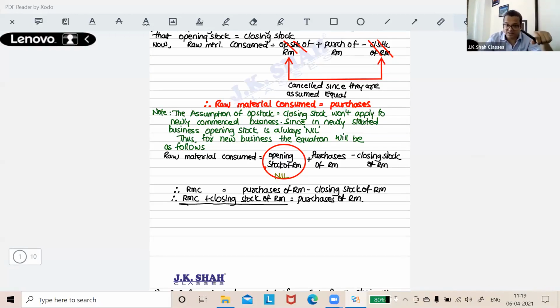Credit purchases. Not given, not getting, okay. Assume opening is equal to closing, go with what? Raw material consumed. But when the business is newly commenced, then it doesn't happen like that, and you cannot calculate it on raw material consumed. You have to calculate purchases and add back creditors, add back the closing stock of raw material.